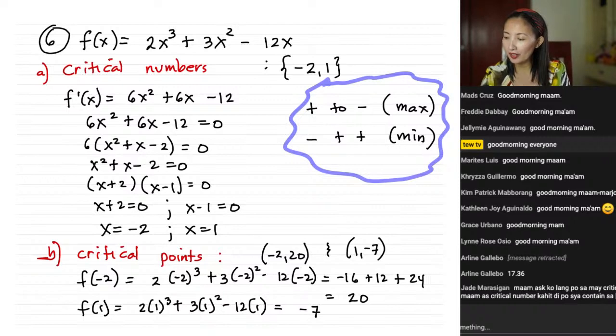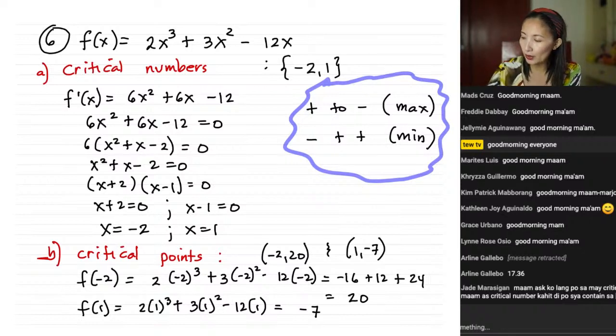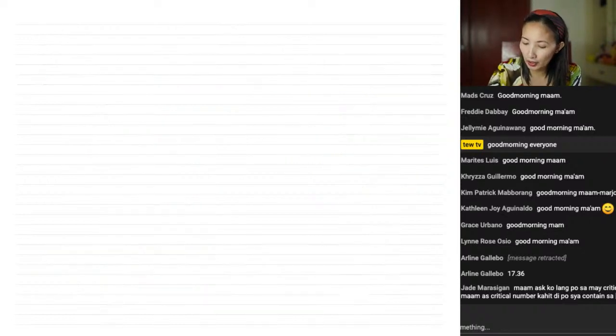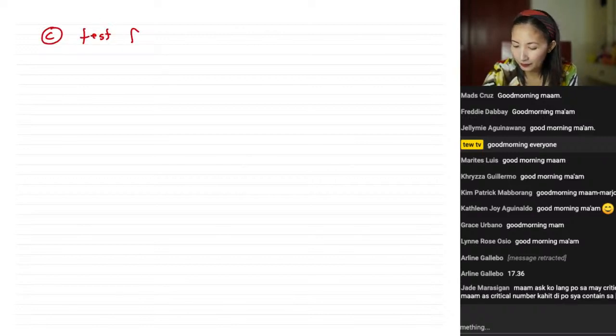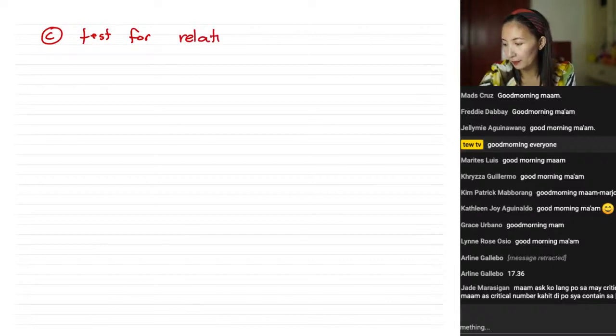If f prime of x changes from negative to positive, it's a min. So, let's continue to step number 3, letter C, test for relative extrema.